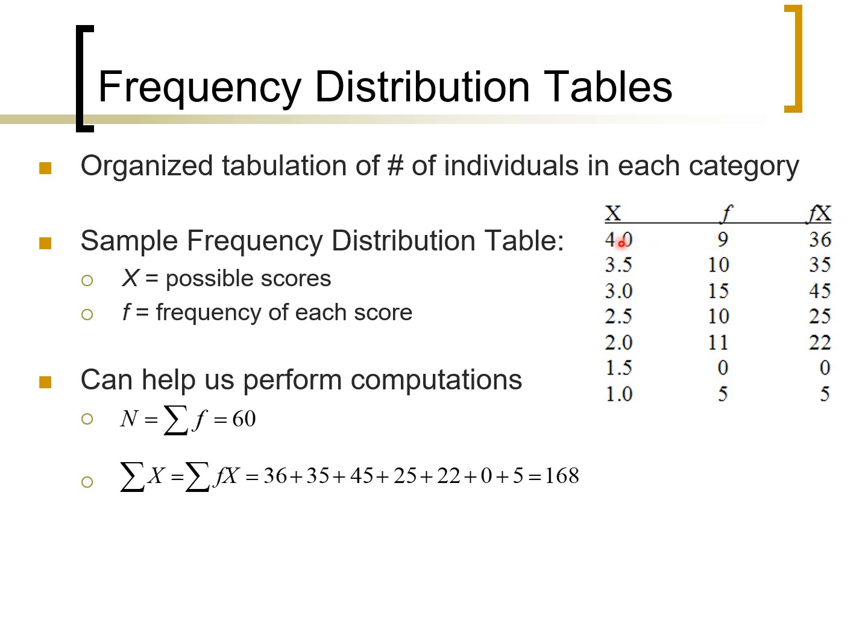If we add all the people with an X value of 4, those 9 people, plus all the people with an X value of 3.5, those 10 people, and so on, that's essentially our sigma f, which we could just put at the bottom of this column. Sigma f equals the sum of all these f values, as you can see calculated here.